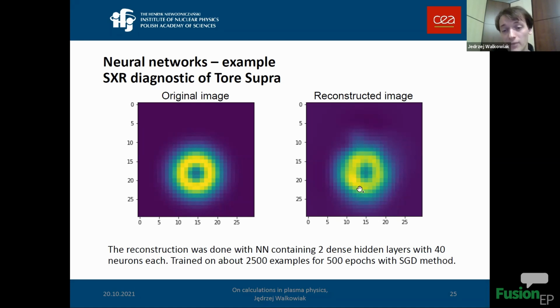It's not perfect, but the neural network I used is very simple. Now there is work on creating a much more refined neural network, which should be able to predict the emissivity profiles in more detail. And as you can see, the potential of this method is quite interesting.